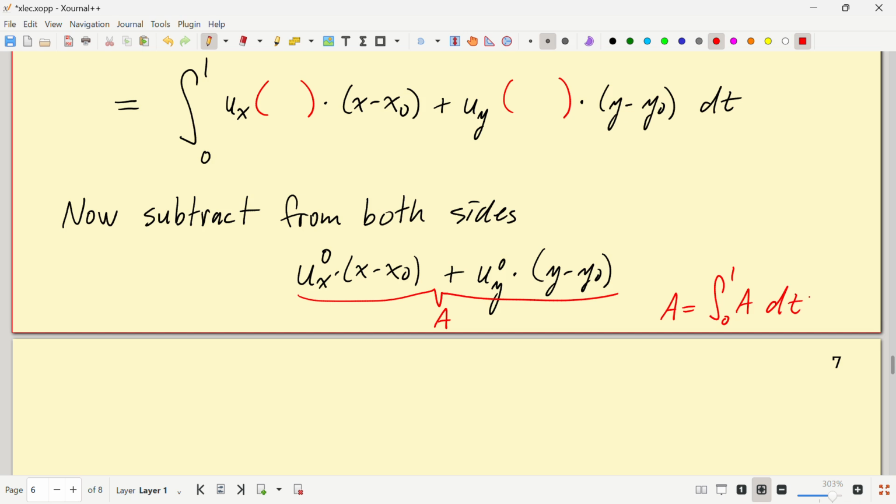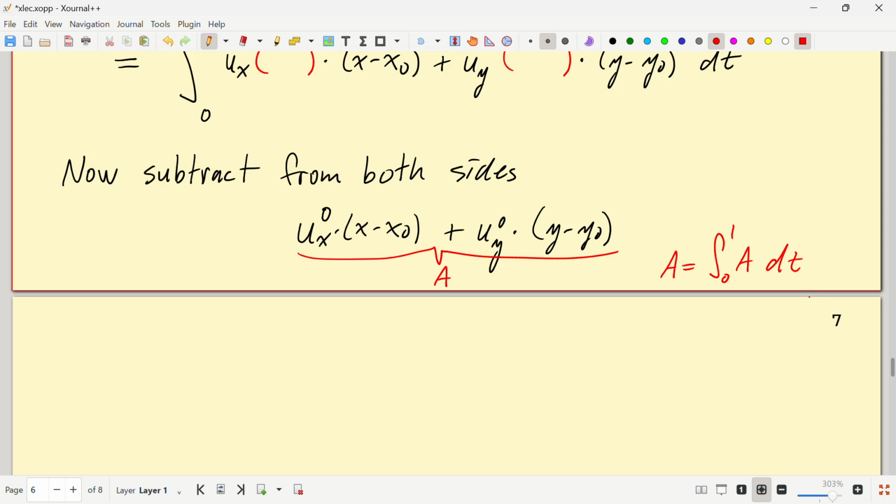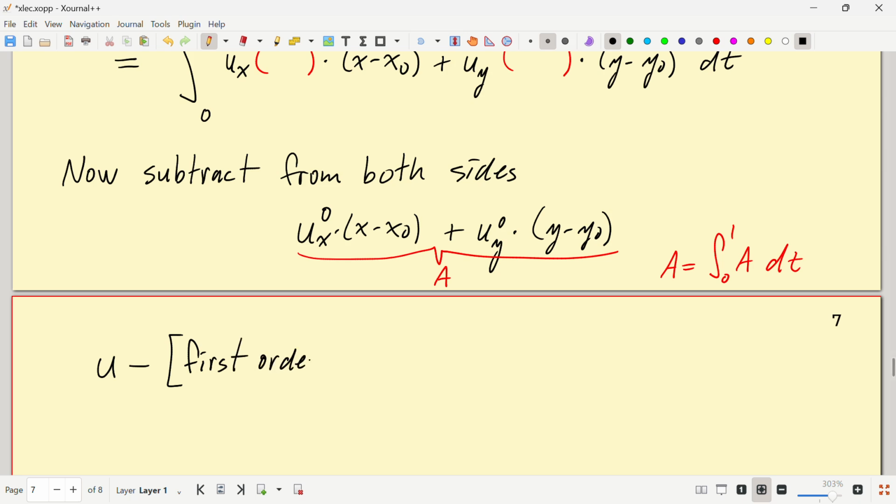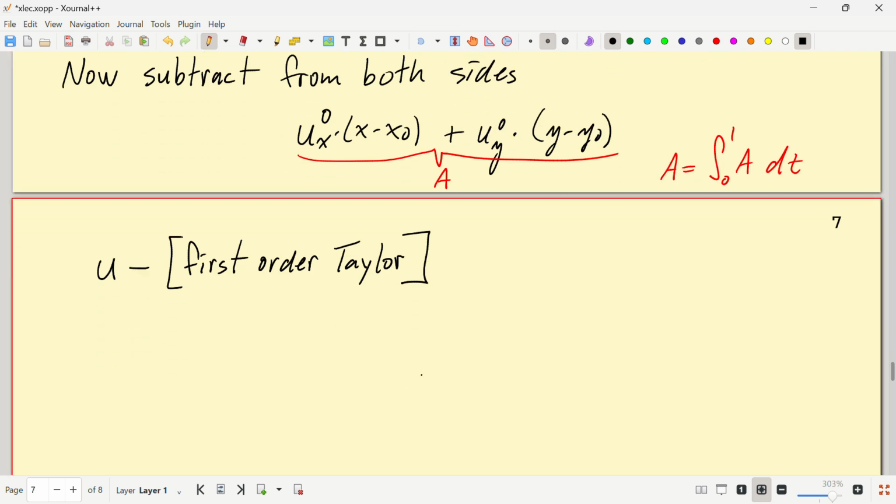Okay, so if I write it like that, then I get that u minus the first order Taylor approximation is something very, very simple to analyze.